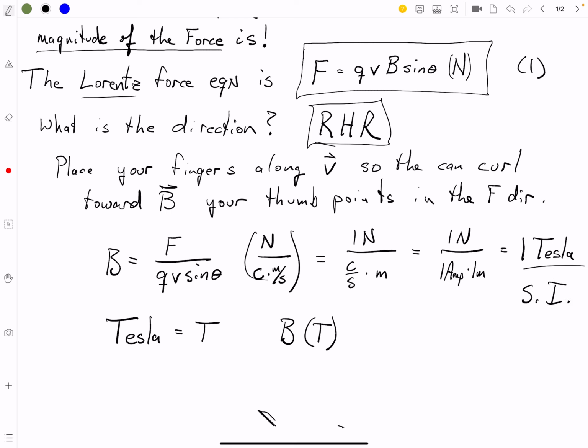You want to use Tesla if you're going to have to solve equations, and that will always get you back to your meters, coulombs, seconds, and newtons. So it stays SI.